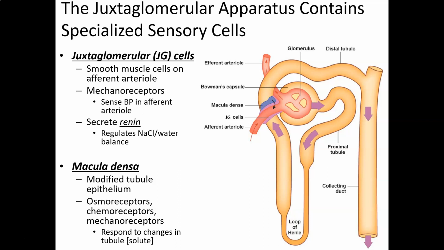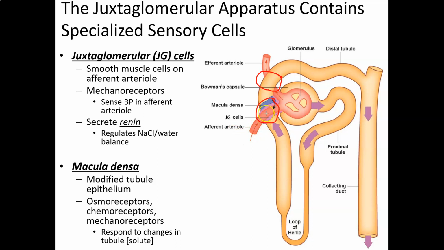So here's my juxtaglomerular apparatus. We can see the name up here, right? So our JGA. And again, it's an area where the afferent and efferent arteriole are crisscrossed by the distal convoluted tubule.